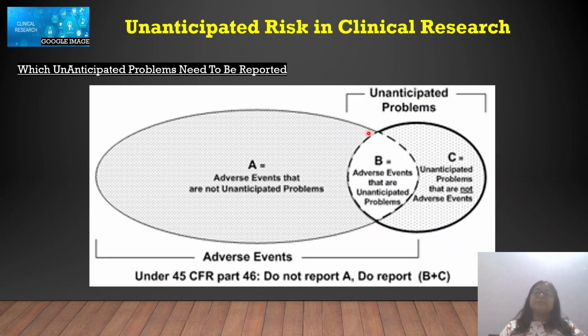Here it is defined in three circles. See, the first circle A is very big, then C, and compared to that B is very small. So in A, what events are coming? In A, there are adverse events that are not unanticipated problems.